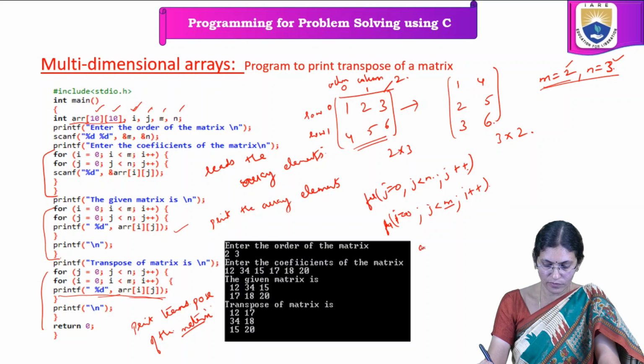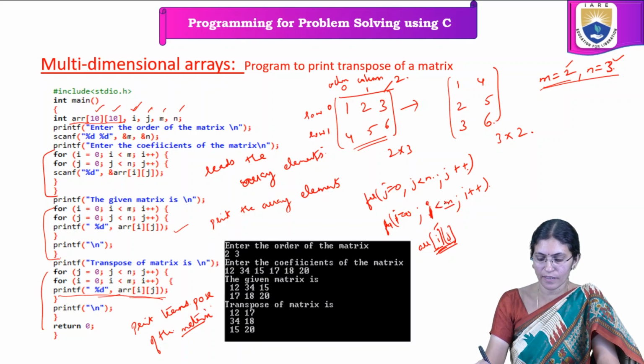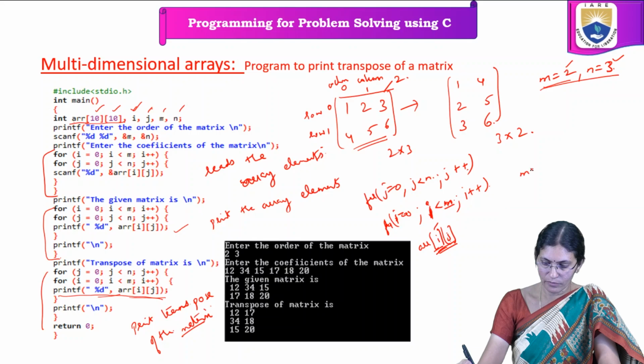ARR of ij will be printed. ARR of ij means, first I is equal to 0, so 0, 0 will be printed. Next I is equal to 1. This is I less than m, so m is equal to 2, this loop will iterate 2 times.